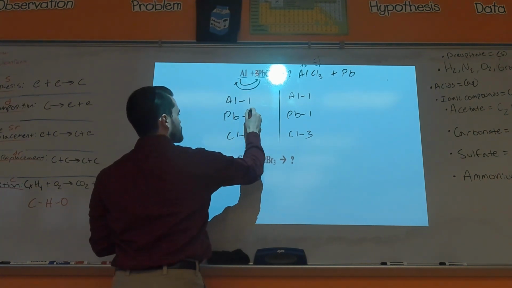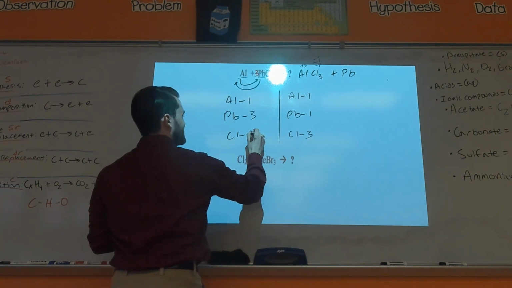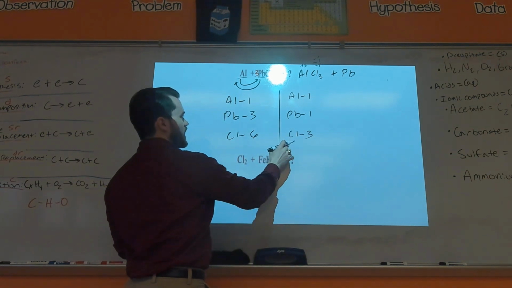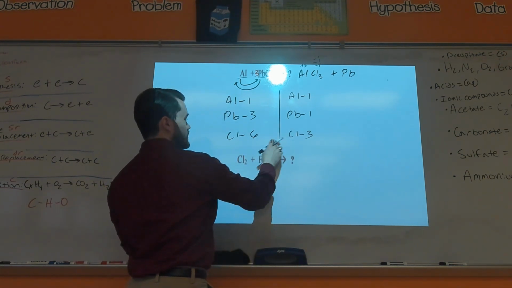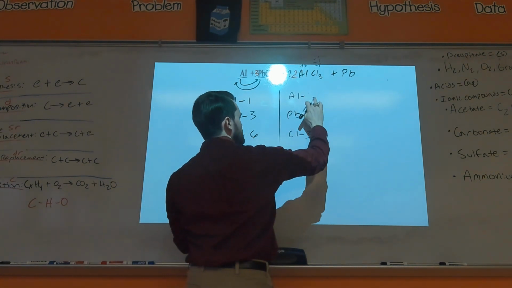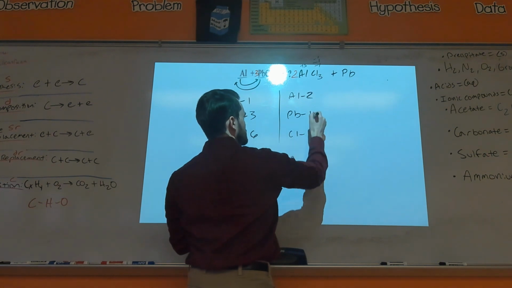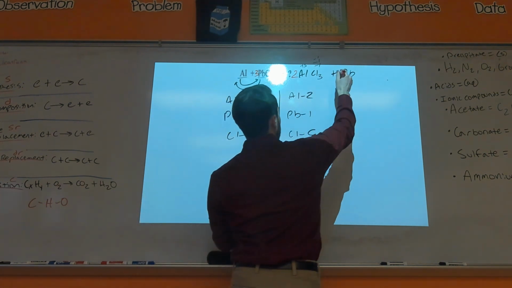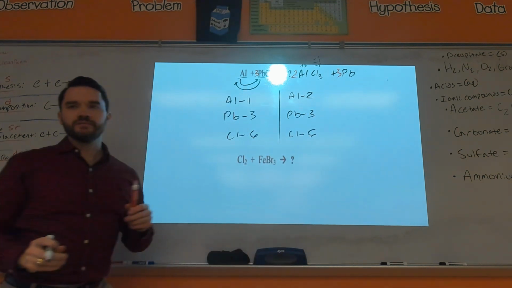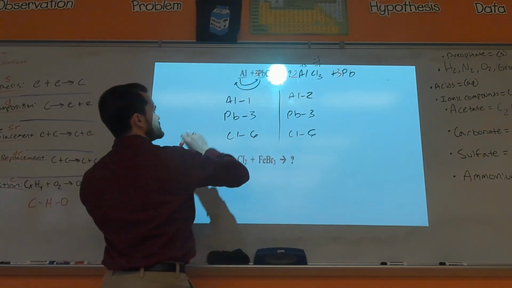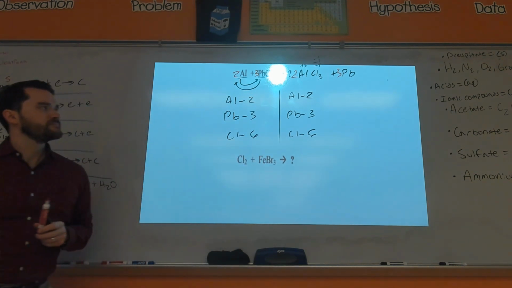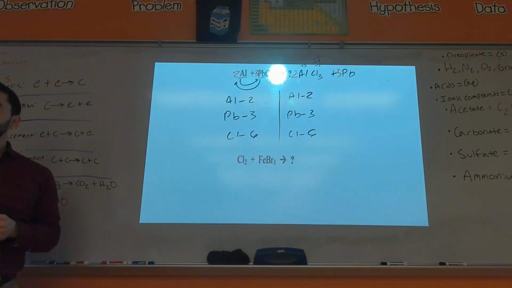So I give myself 3 leads and 6 chlorines. So now coming over here, my chlorines aren't good. I would need to double my AlCl3, and then that would fix those. And then if I triple my lead, we'd be all good. Oh, almost. Double the Al. So 2, 3, 2, 3. Yeah. Okay.